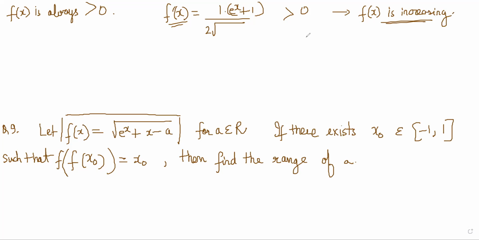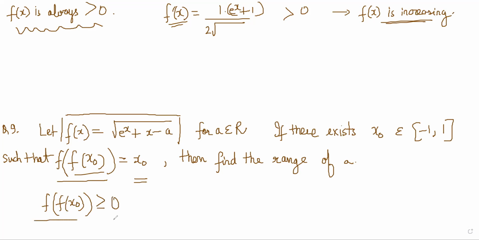Now what is given to us? What is given is f(x naught) = x naught. Since we know f(x) is always positive, f of something will be positive. So f(x naught) will be greater than or equal to 0, because f of anything is positive.